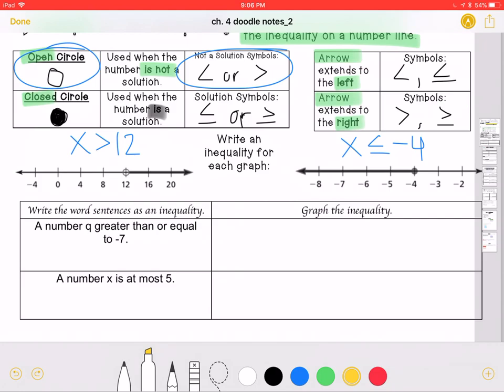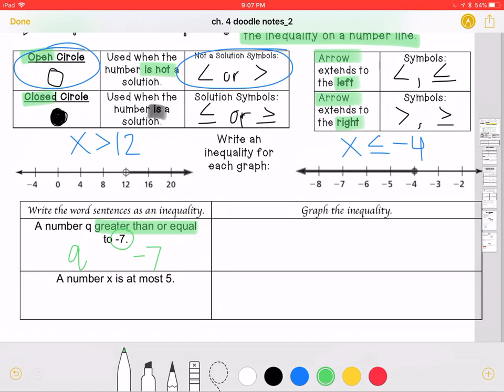All right, this is where I said keywords are going to be important. It wants us to write the word sentence as an inequality, and then we're going to graph that inequality. So let's look at the first one here. A number Q greater than or equal to -7. These are our keywords. Our variable is Q, so I would always put your variable first, and then whatever number they're dealing with is going to go to the right.